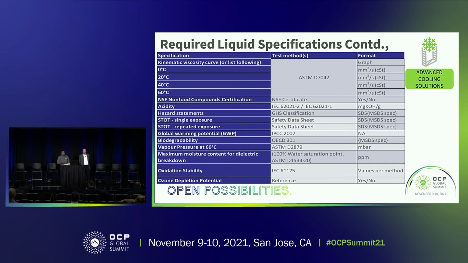Going further, since we are looking at fluid at different temperatures, viscosity plays a key role. So we're looking at 0, 20, 40, and 60 C. And then acidity is one thing that we would like to see before the fluid is immersed, and then after it is immersed for a certain period of time or maybe for lifetime: what's the behavior if any acidity is seen in the fluid when it is in operation.